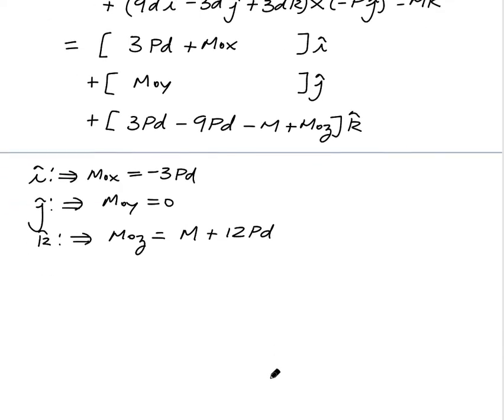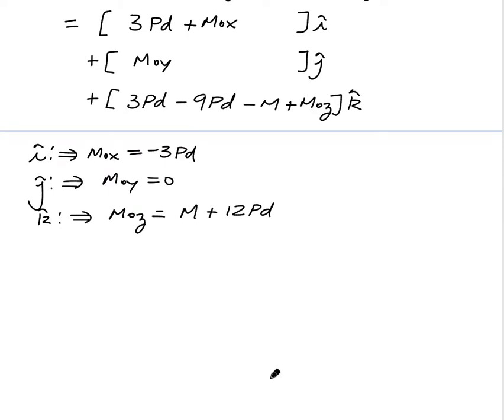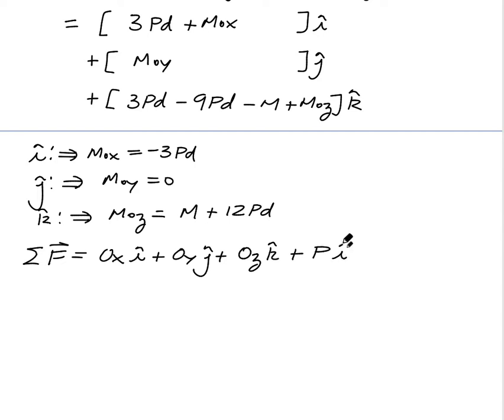For equilibrium, we also write down summation of forces equal to zero. So I have OXI, OYJ, and OZK. I have PI, that's the force there at B. I have the minus PJ. For equilibrium, that is zero.